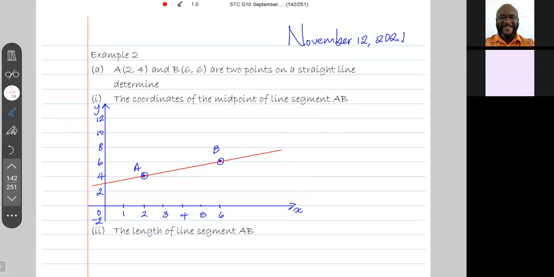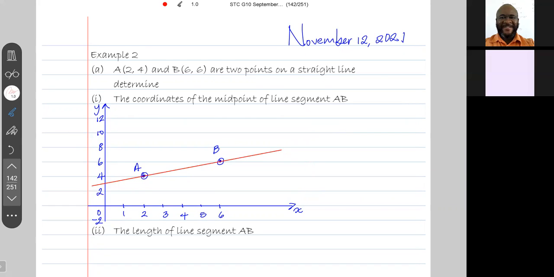It says A and B are endpoints of a straight line. It would actually be more correct to say endpoints of a line segment, because a line continues forever. It does not stop.